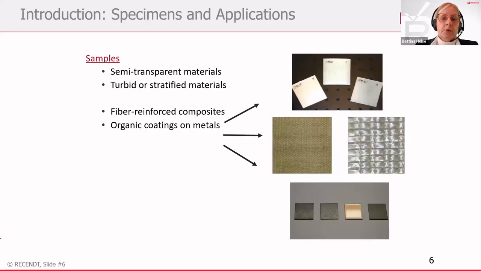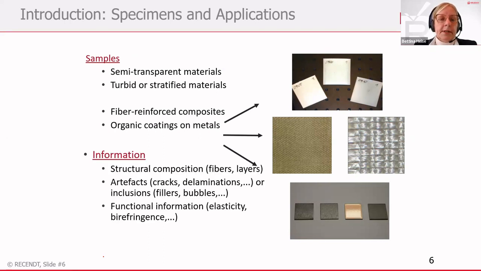The materials which we investigate are more or less transparent, semi-transparent materials. They are often scattering. They can have a layered structure. And so the information we want to get is the structural composition, the artifacts, or also functional information about elasticity and birefringence, for instance.